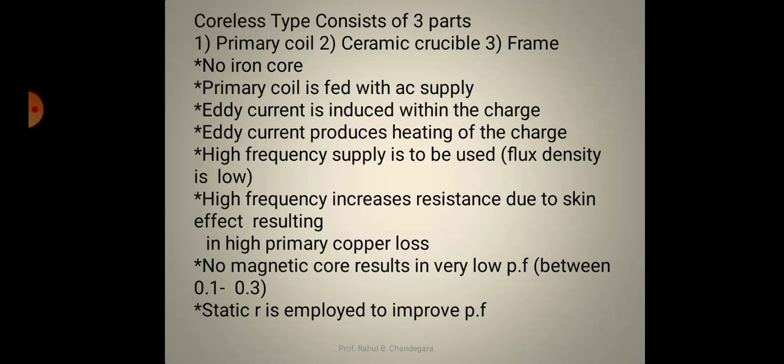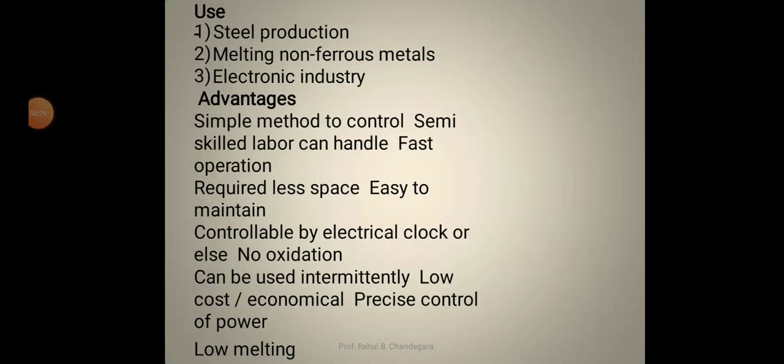No magnetic core results in very low power factor, between 0.1 and 0.3. Static capacitors are employed to improve the power factor. The main uses of this method are the production of steel, melting of non-ferrous metals, and the electronic industry.